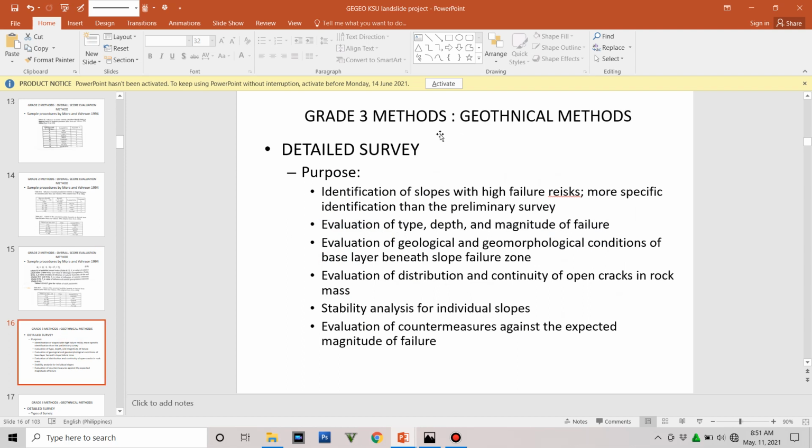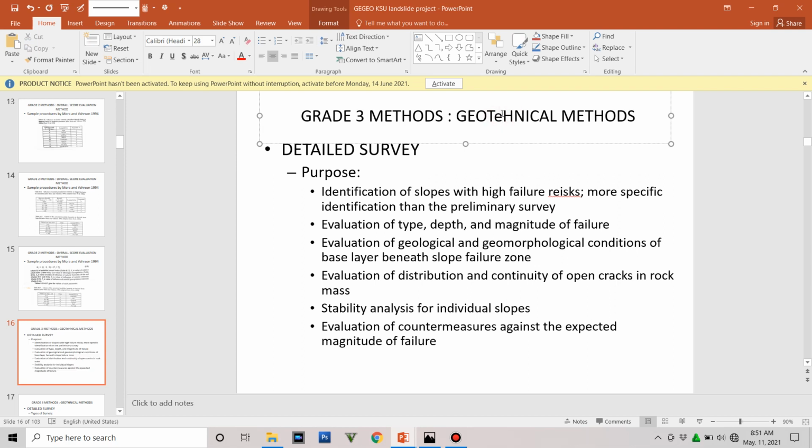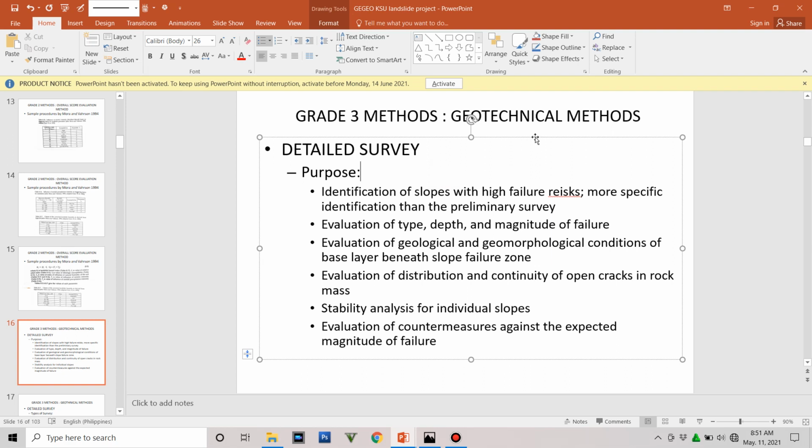Now, moving on to the geotechnical methods. We have here the detailed survey. So of course the purpose of this one is identification of slopes with high failure risk, more specific identification than the preliminary survey.